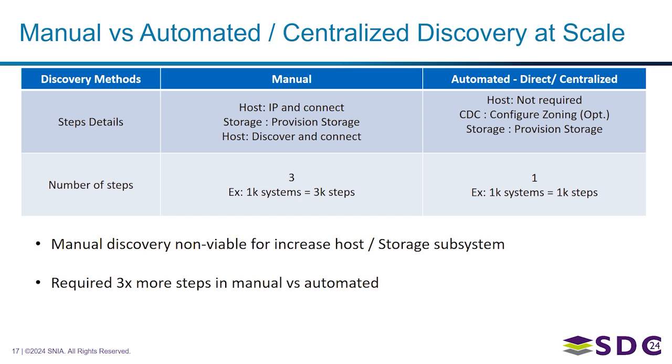So we potentially need 3x more steps when we connect manually compared to the automated way. And when we talk about scaling subsystems, manual discovery will not be viable when there is an increase of hosts and storage subsystems in the network.